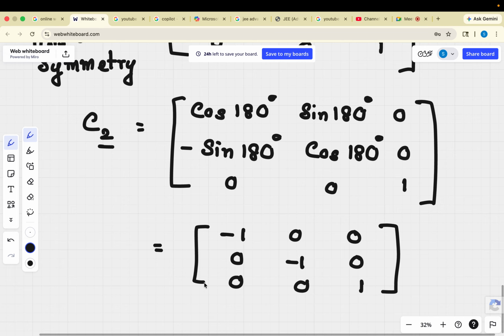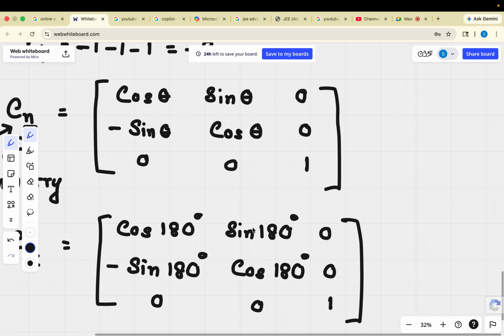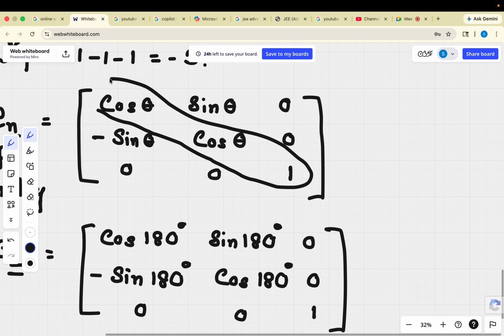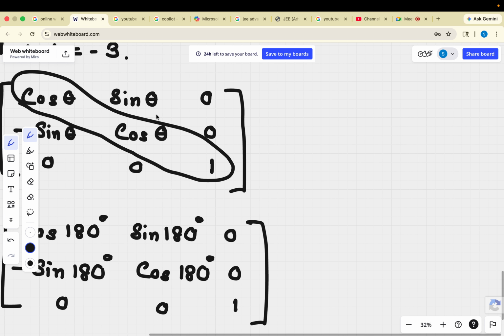So by this formula you can find out the C2 matrix, and from this formula you can see I can also find out the character or trace, because if I sum up along the diagonal, what I can write down is chi Cn equal to 2 cos theta plus 1.